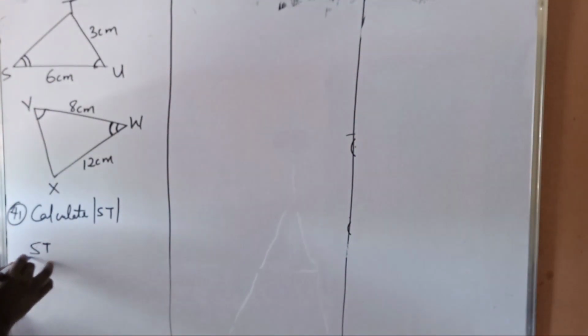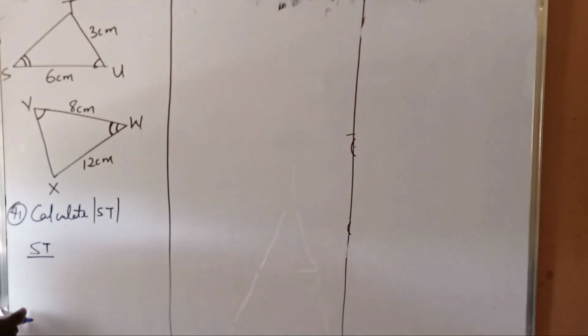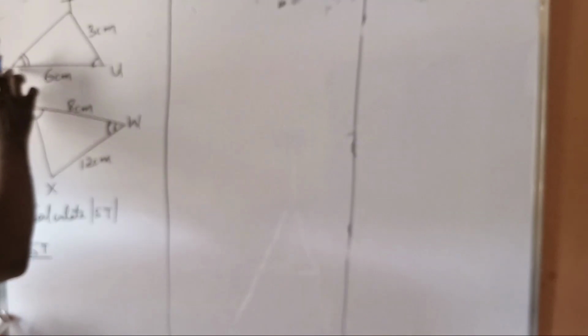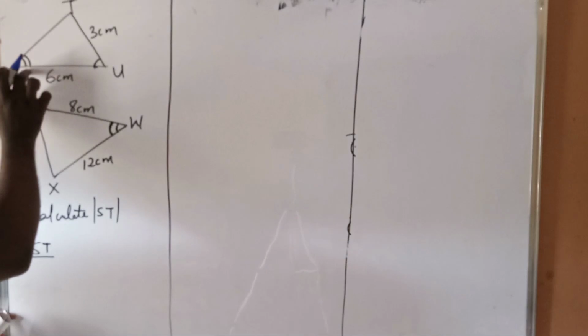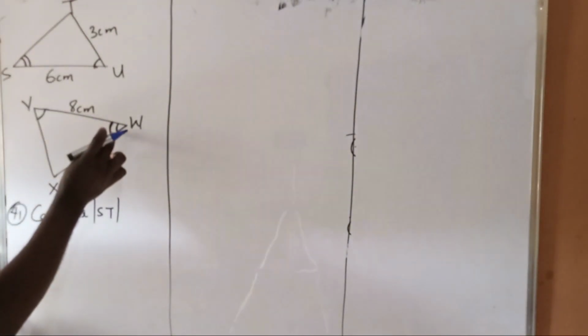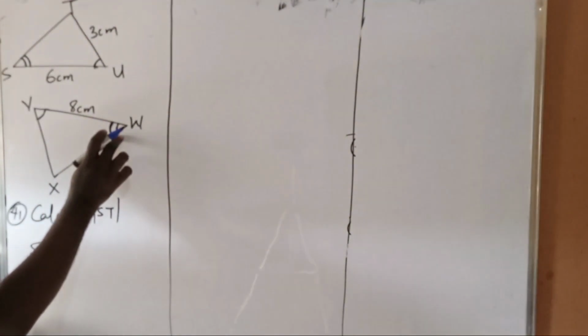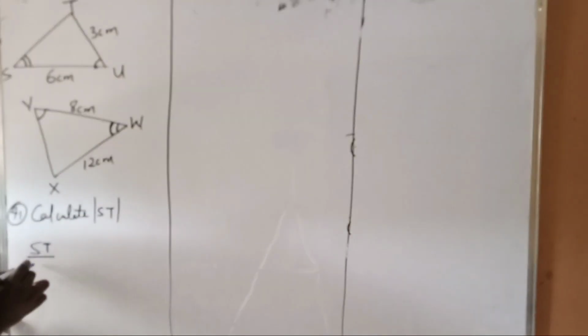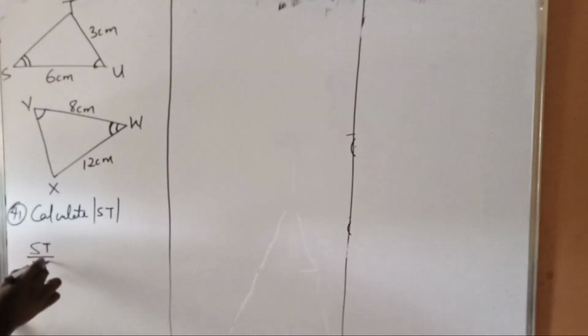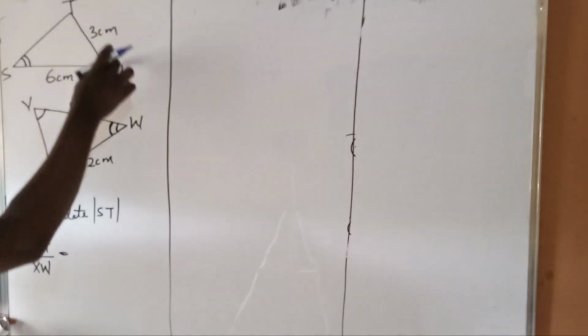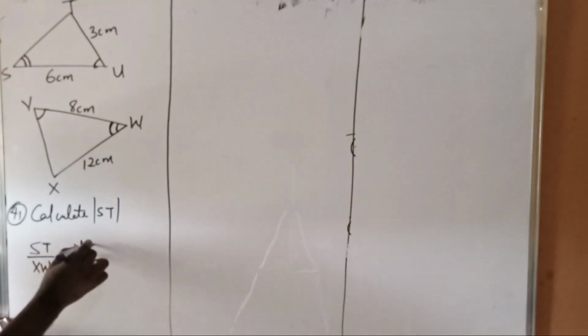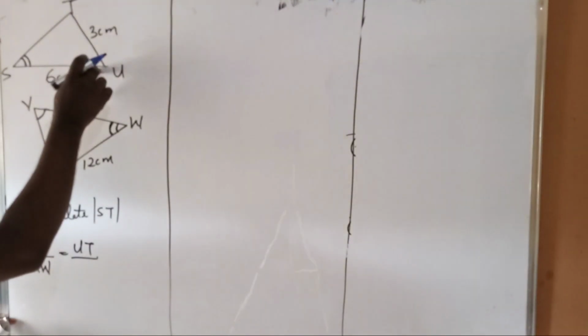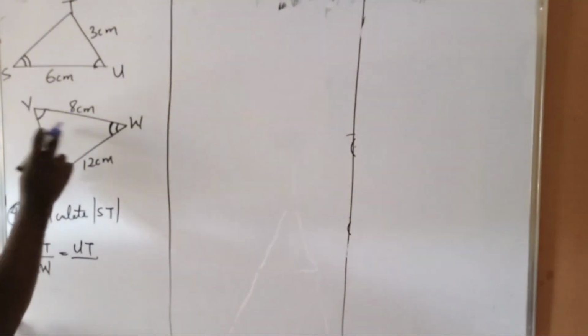ST corresponds to which side? You can see S has two curves here, and this one has nothing. We look at the one that has two curves and nothing. This is WX, which is XW, equals UT, which is one curve and nothing.